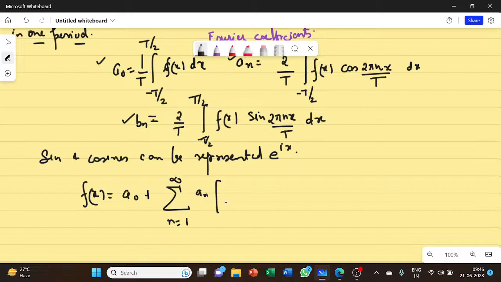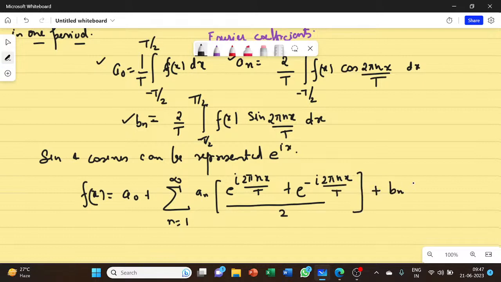I'll get a_n, and here I will write e to the power iota 2πnx upon T plus e to the power minus iota 2πnx upon T divided by 2, plus b_n, and here you can write e to the power iota 2πnx upon T minus e to the power minus iota 2πnx upon T divided by 2 iota. Okay, so this is how you write things up.